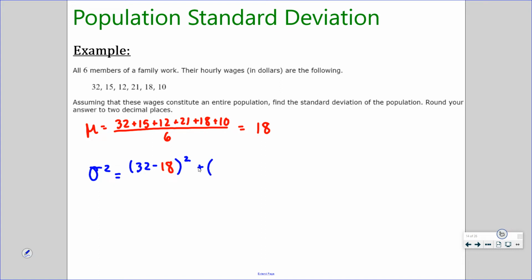All right, so my next data entry is 15 minus, where it is from the mean, 18. There's my deviation. Square that.